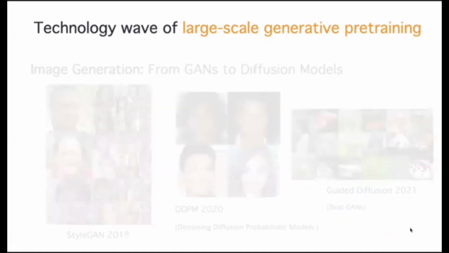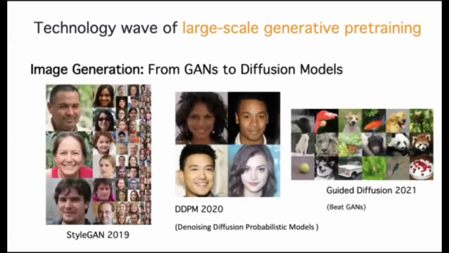In the field of image generation, the generative models have changed from GANs to diffusion models. For example, in 2019, the most popular image generation model was StyleGAN, which can generate aligned human faces. But due to the minimax game between the generator and discriminator, the training of the two models is very hard and unstable.